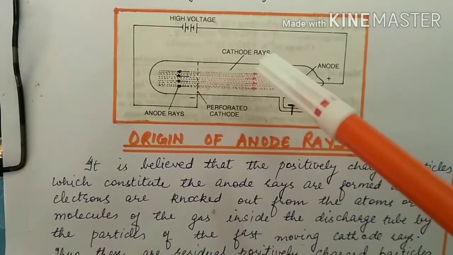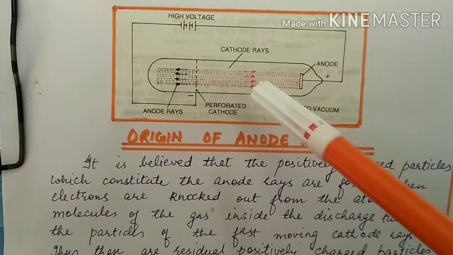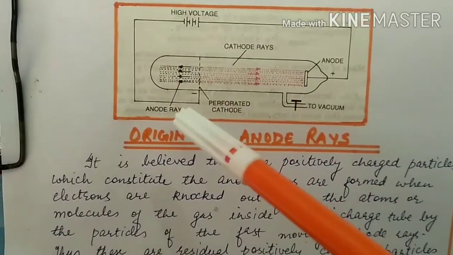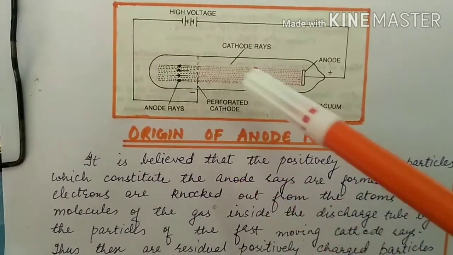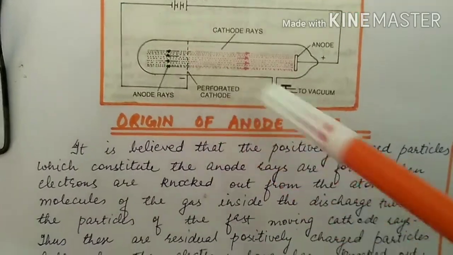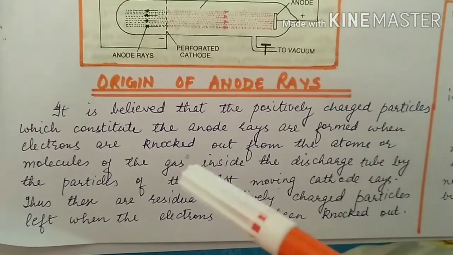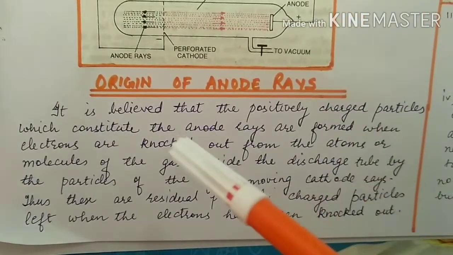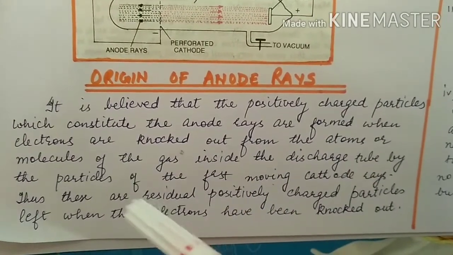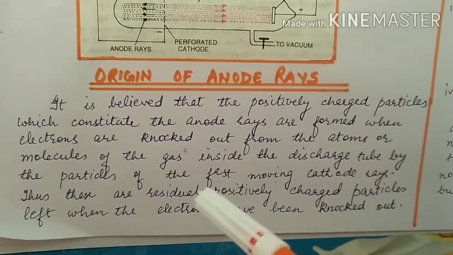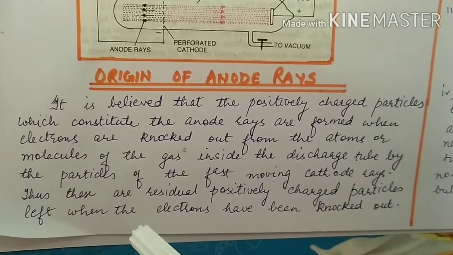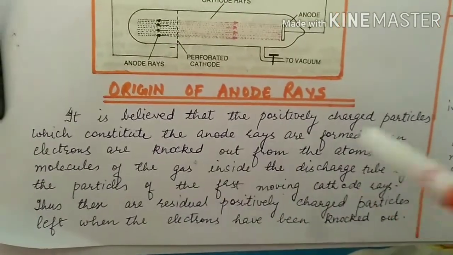It is believed that these positively charged particles are attracted towards the negatively charged cathode, and so they move in this direction. These residual positively charged particles form the anode rays.